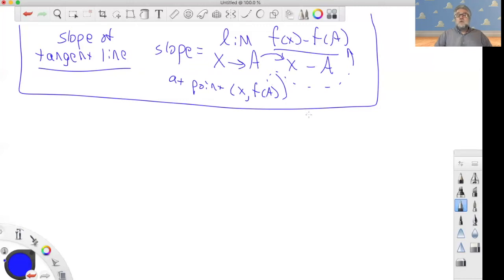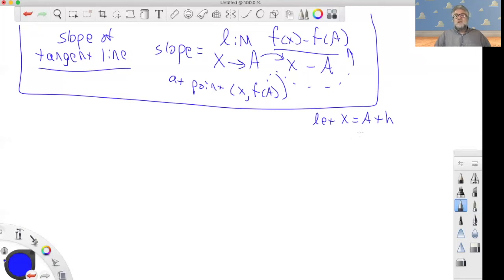But now there's another way to write it that's much more convenient. And I'm going to make a little substitution. Let x equals a plus h. Okay? And you're probably asking, why do we do that? Well, I do that because I know the answer, and I know this makes it a little easier.